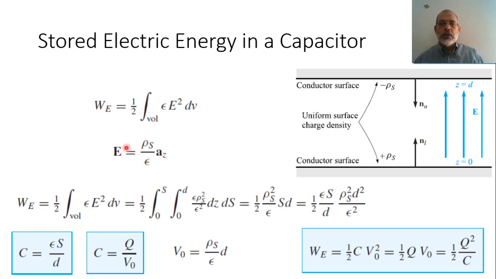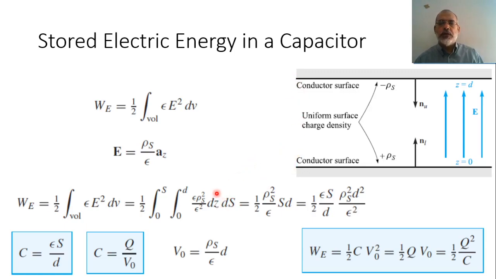So the stored electric energy would be half the integration over the volume of the capacitor of epsilon E squared dV, and E squared here would be rho surface squared over epsilon squared, multiplied by epsilon, and the volume in this case would be the surface area of the plate dS multiplied by the distance dz.